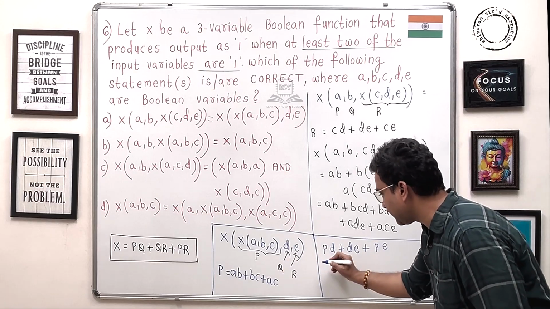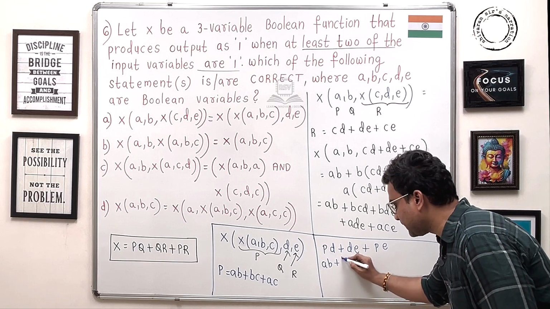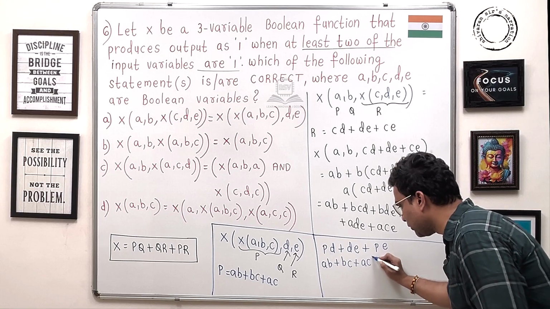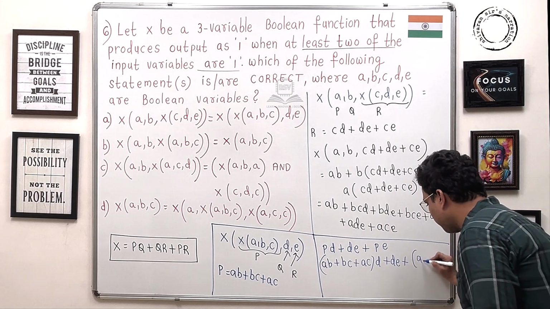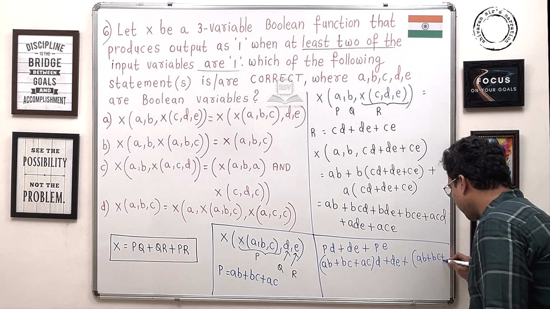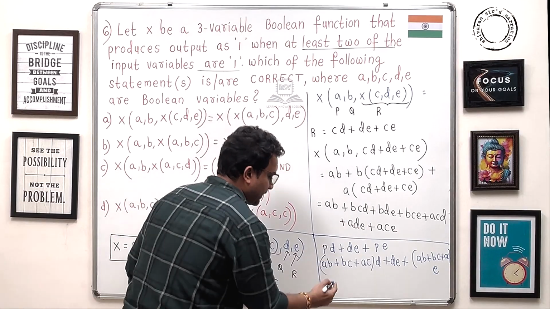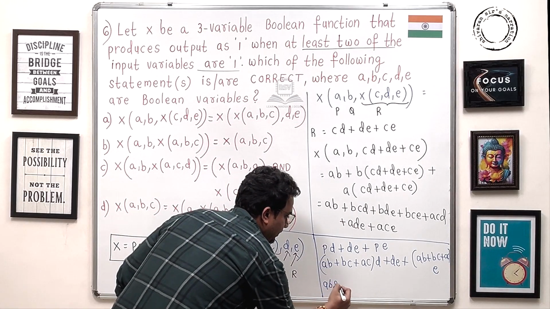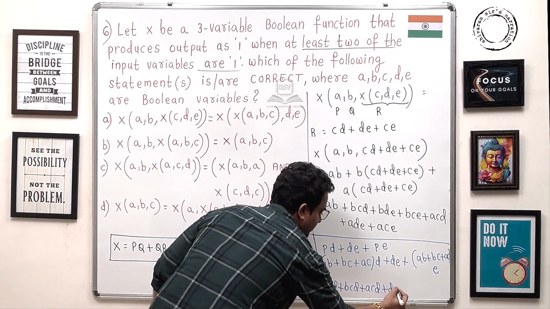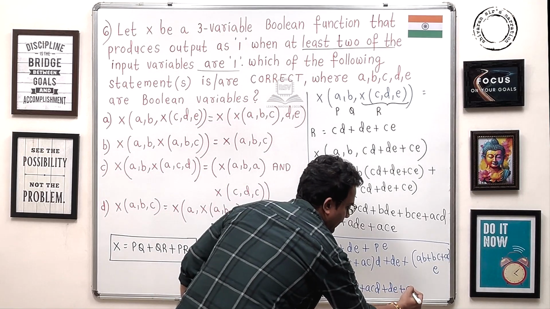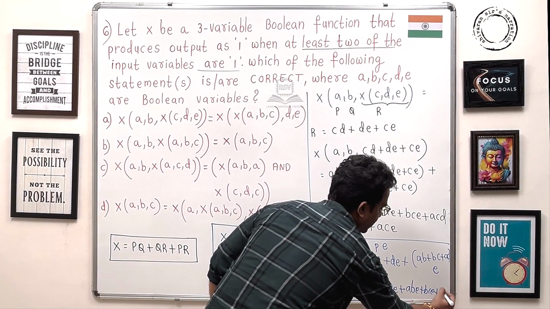What is P? AB plus BC plus AC. So it is AB plus BC plus AC into D plus DE plus AB plus BC plus AC into E. If you write the expansion also, it is ABD, BCD, ACD plus DE plus ABE plus BCE plus ACE.